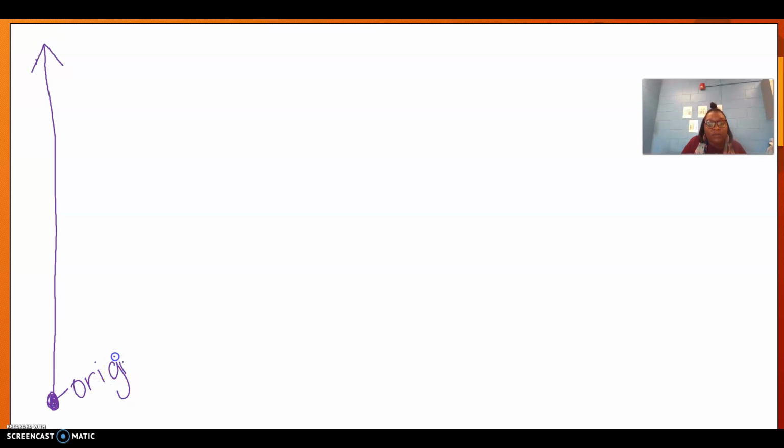Let's use purple. And so as we're working today, I want us to make a number line that's negative, that's positive. And our first large point here is our point of origin, 0.